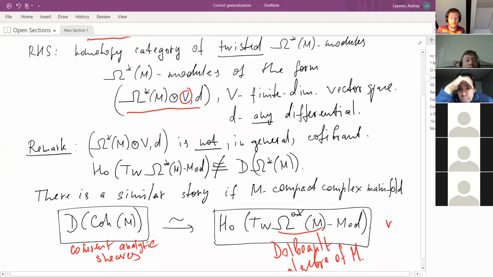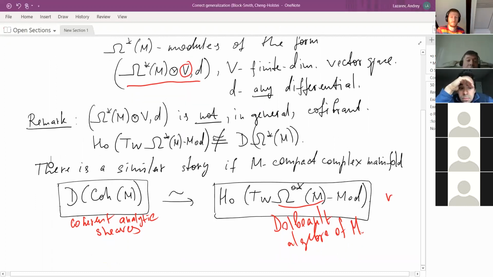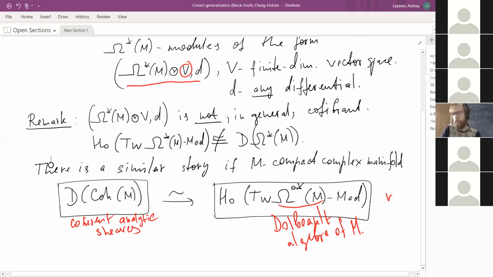So I think it's kind of interesting that a category which captures global phenomena, such as the category of coherent sheaves on the left-hand side, could be equivalent to something that looks kind of affine: the derived category of modules over a single differential graded algebra.